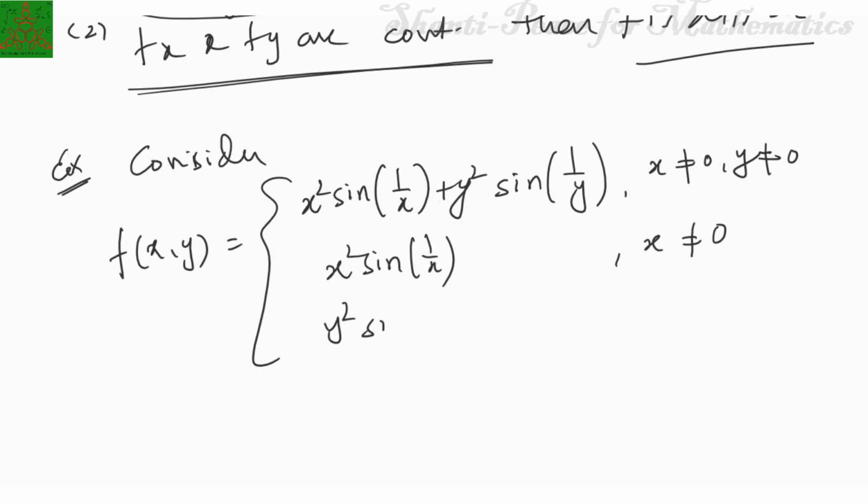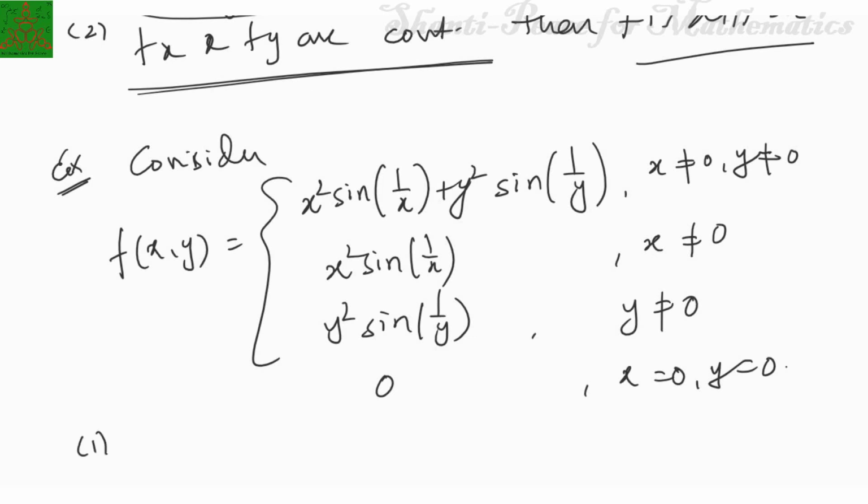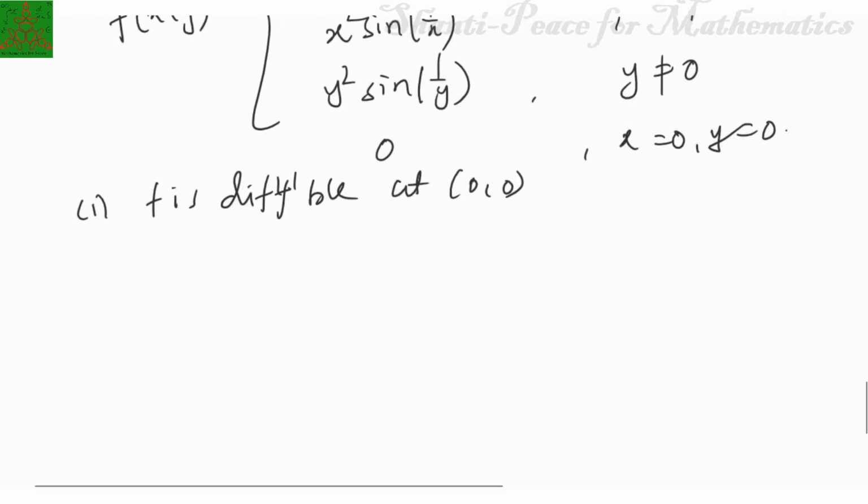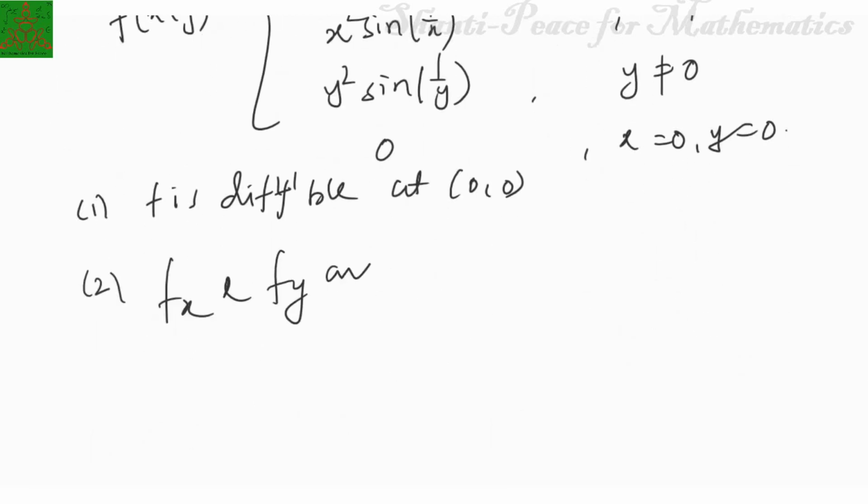Y square sine 1 upon y is defined when y is non-zero, and 0 if x and y both are 0. So this function is defined over R square, and we have to prove that f is differentiable at (0,0), and second, fx and fy are not continuous at (0,0).